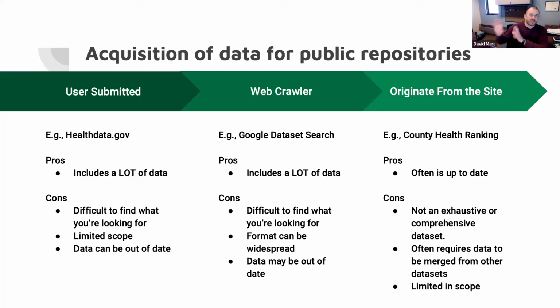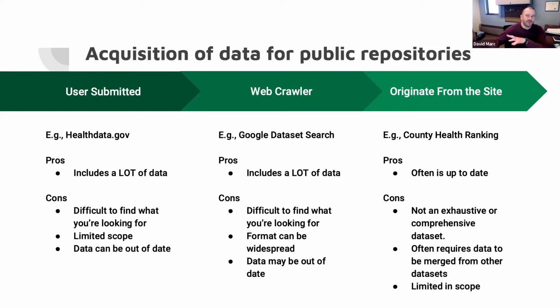And then there are others that originate from a website. These I consider not really data repositories; they're standalone. It's something like County Health Rankings. This is where you have to go to a specific website. The data is oftentimes up to date. It can be not an exhaustive or comprehensive data set, and it often requires data to be merged with other data sets to really fully realize the potential of the data set, and it's limited in scope.